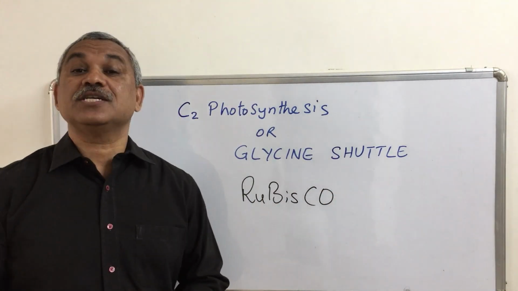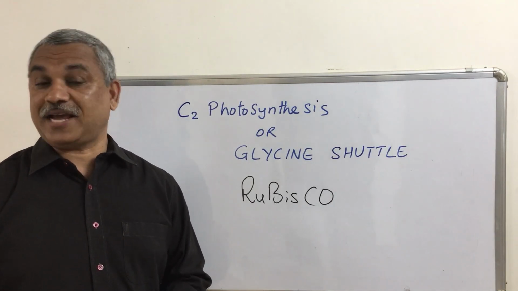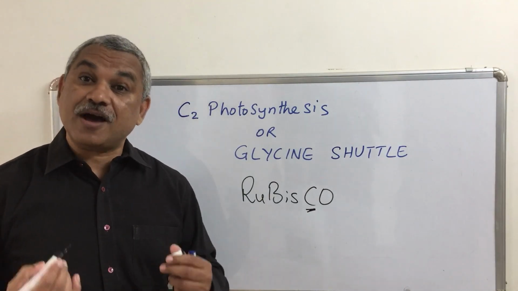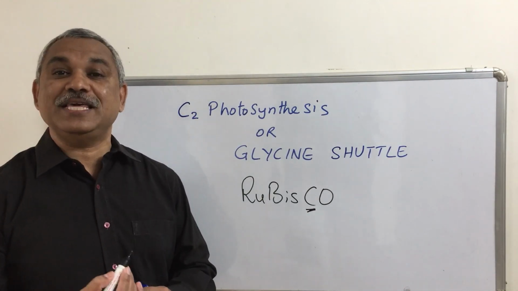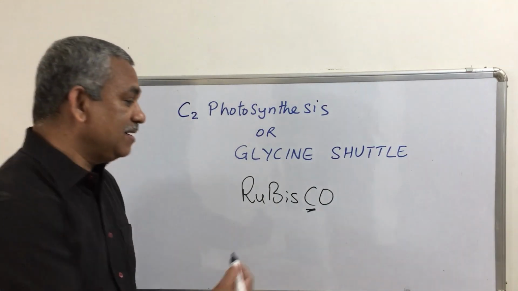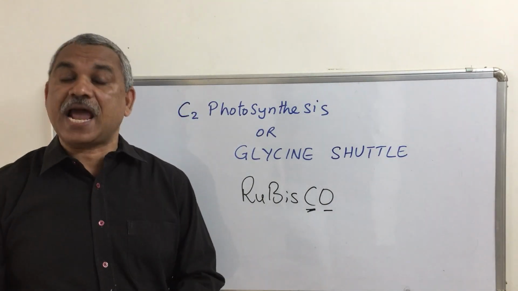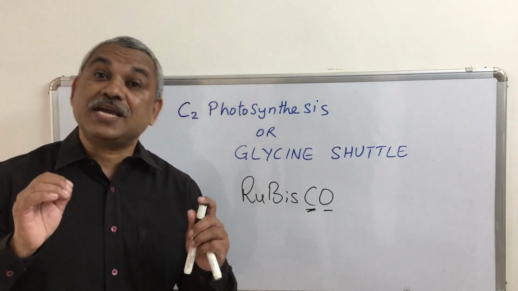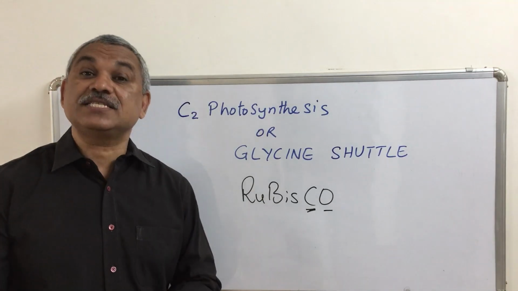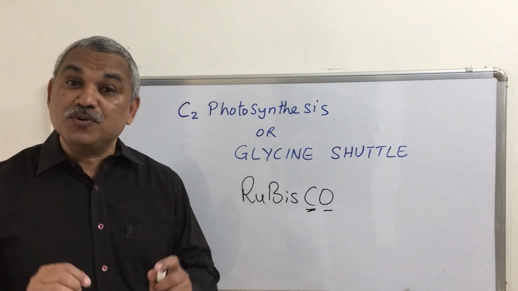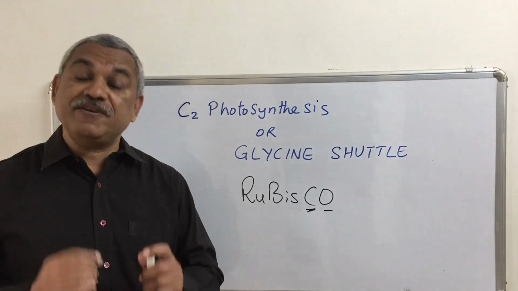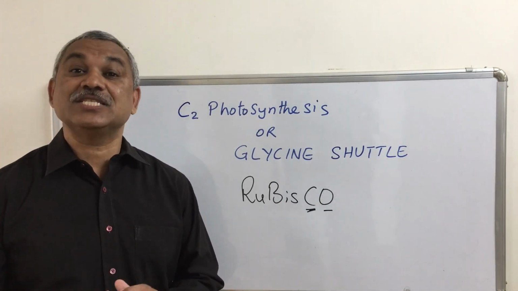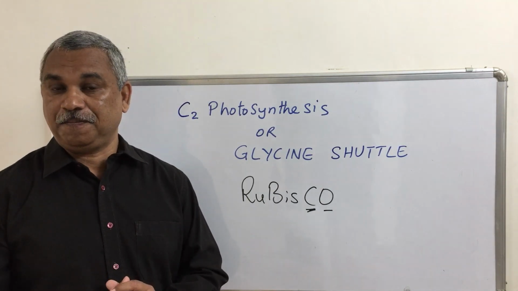Rubisco has two enzymatic activities. One is the carboxylation reaction, which we have elaborately discussed in a video on the Calvin-Benson cycle. The second enzymatic activity is an oxygenase activity. The carboxylation reaction fixes a CO2 molecule to ribulose 1,5-bisphosphate, and we get two molecules of a 3-carbon compound, that is 3-phosphoglycerate.